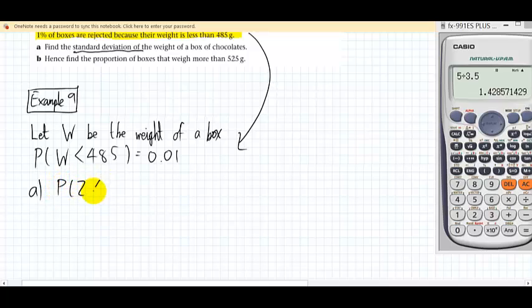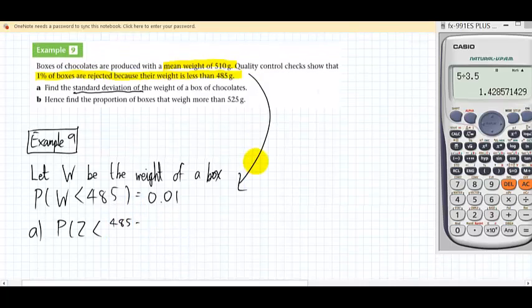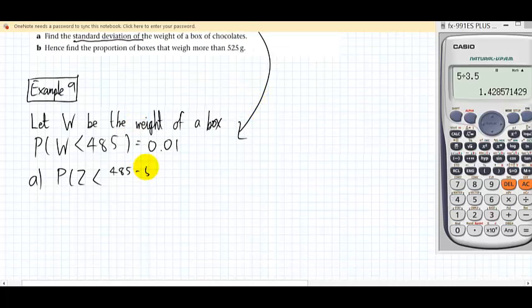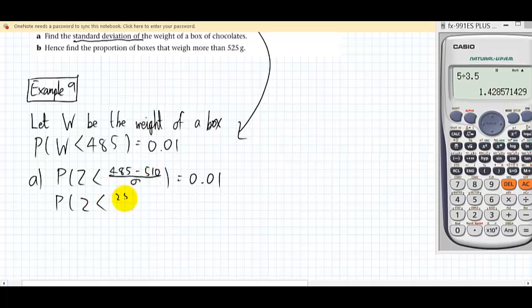Probability of Z being less than 485, take away mu, which is given as 510, over this unknown value sigma is equal to 0.01. And this means that probability of Z less than minus 25 over sigma is equal to 0.01.